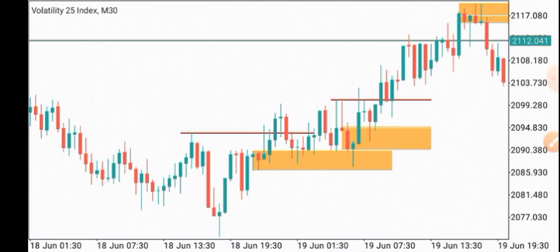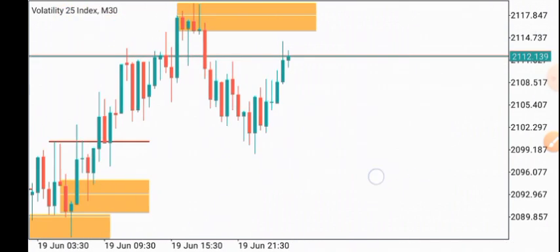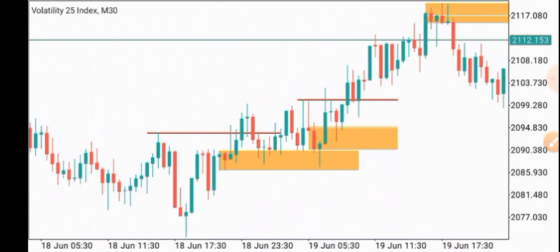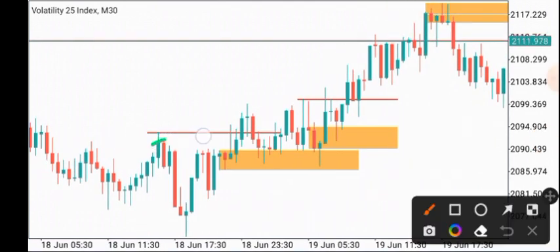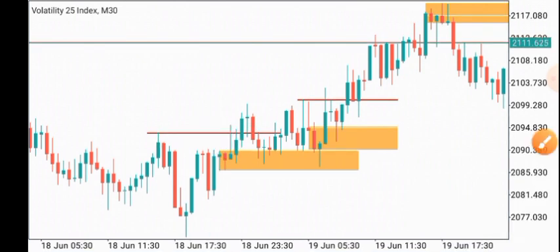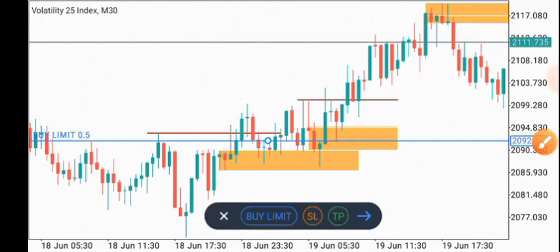Okay, so this is an instance here. We have this break of structure here, right? As a matter of fact, it's a change of character, and this was the last opposite candle here. Assuming someone was using a pending order, we would have used a buy limit like this one here, and you bring it here.